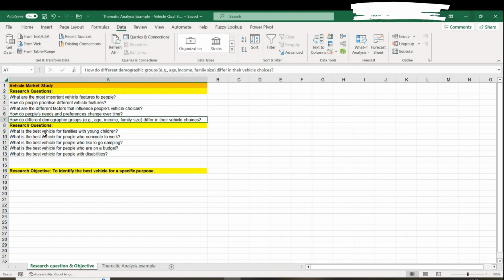Another one is, what is the best vehicle for families with children or young children? Another one would be, what is the best vehicle for people who commute to work? What is the best vehicle for people who like to go camping? Or what is the best vehicle for people who are on a budget?